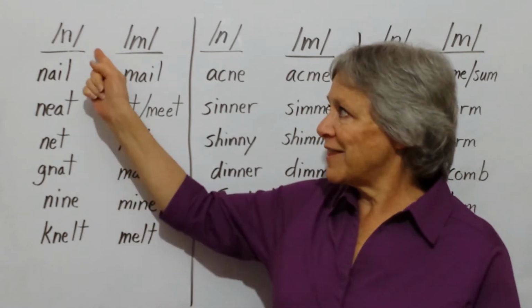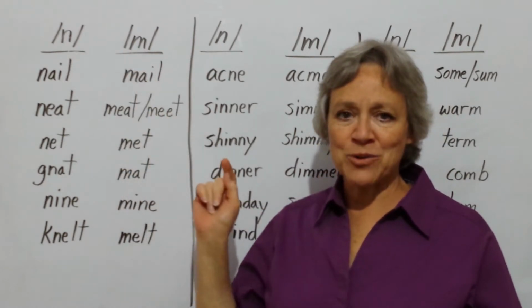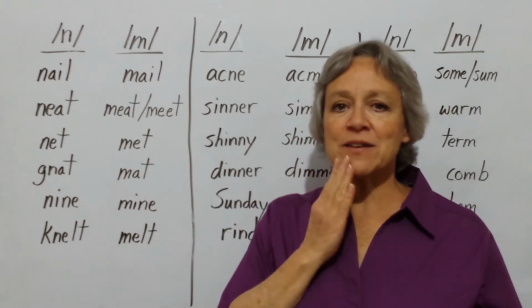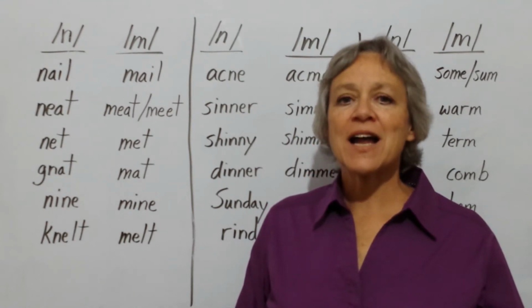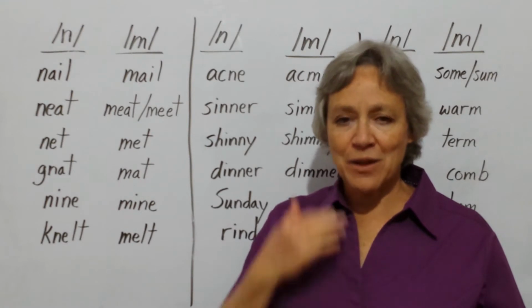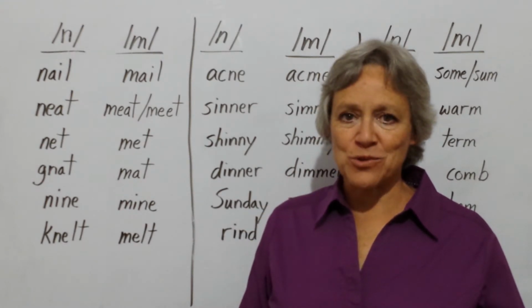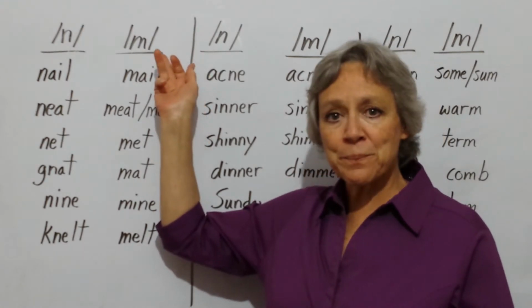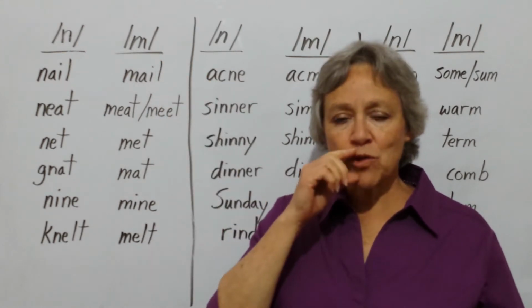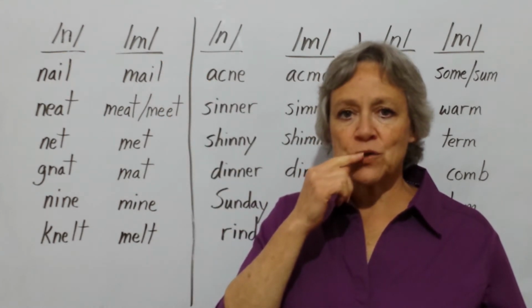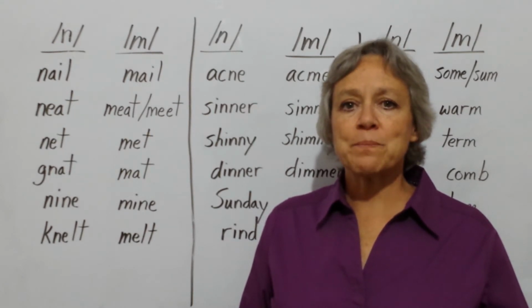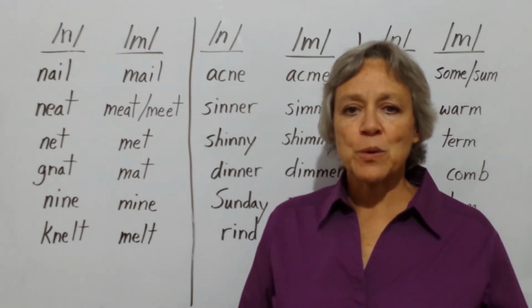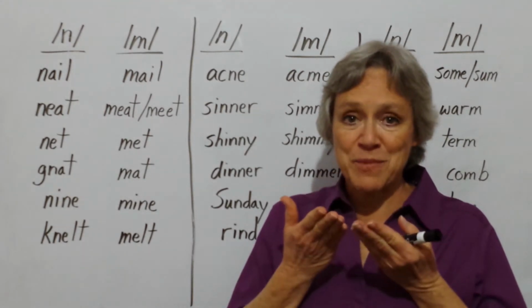As we know, the N sound has the mouth open and the tongue pushed up on the ridge behind our teeth. And then we push the air out through our nose. The M sound has the mouth closed. The 2 lips are pressed against each other. And so no air can come out of our mouth.